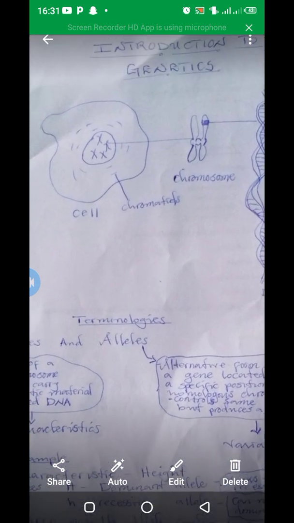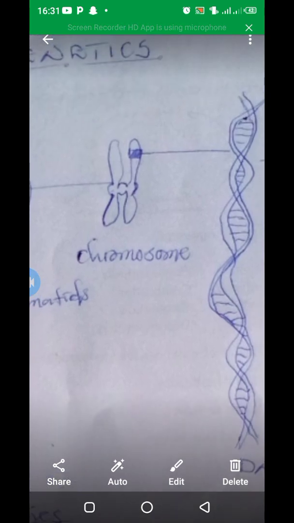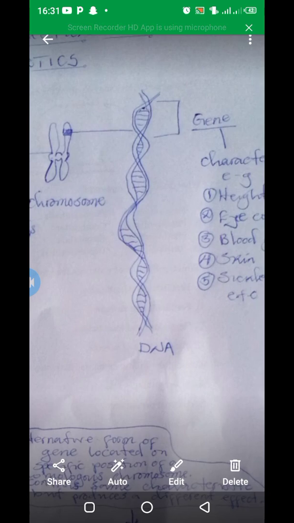So this is an animal cell, and we know that in cells we have the process of mitosis and meiosis. At meiosis or mitosis, the chromatids become condensed and form the chromosomes. So this is a chromosome that we can see here. The chromosome carries the DNA, and DNA is a strand that carries genetic material.